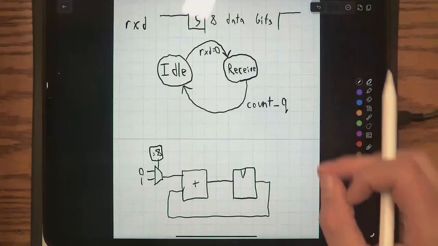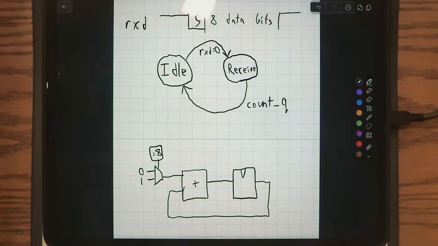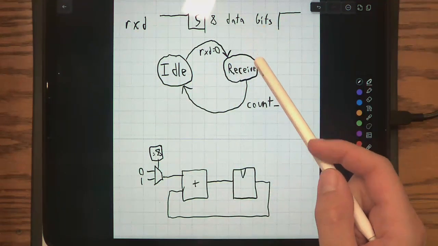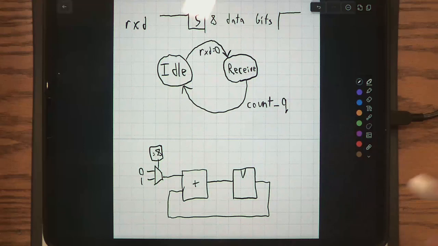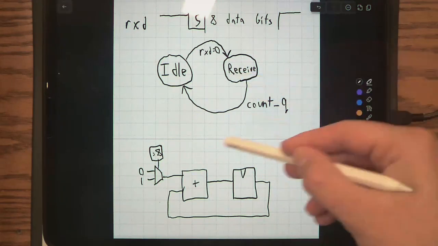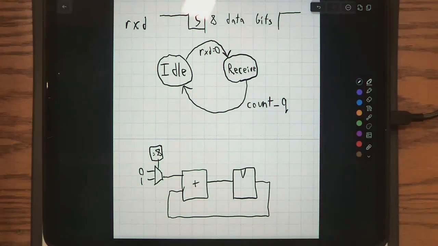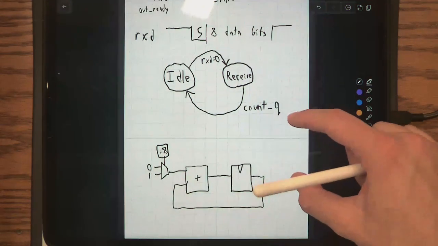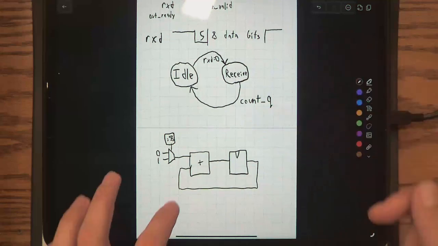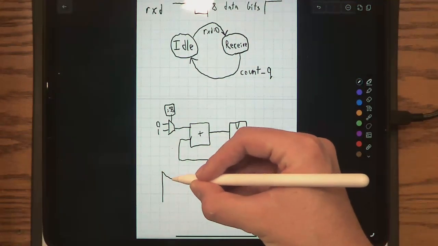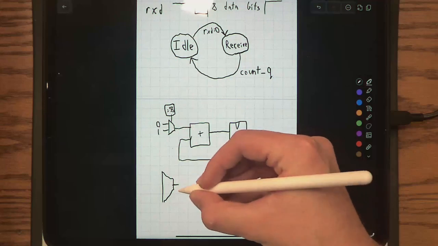And then maybe we also are keeping track of all this data inside of a shift register. Remember shift registers? So maybe we can shift in the data as we go. A shift register is when you have a bunch of muxes feeding flip-flops.